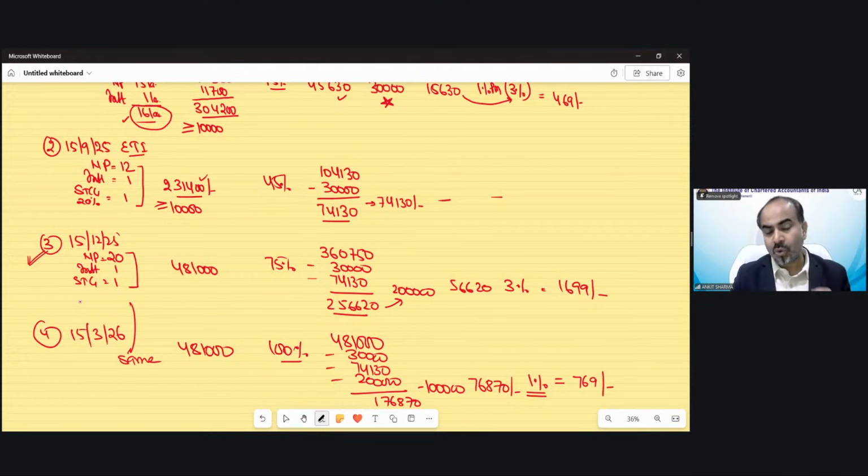Now, if you do default on this date of payment, the remaining days are 15 days and the rate is 1% per month or part of the month. If you want to read the exact rate given in the notes, it's 1% per month or part of the month. So part of the month means even if a single day is defaulted, we will consider it as a month.